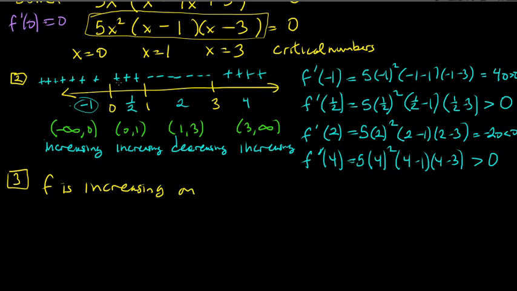Now, we have to be careful in general, because it looks like it's going to be increasing all the way from negative infinity up until 1. So what about 0? Remember, the derivative is going to be 0 at 0. Same thing at 1 and at 3. Even though the derivative at 0 is 0, what's going to happen on the graph is it's going to level off and then just go back up.